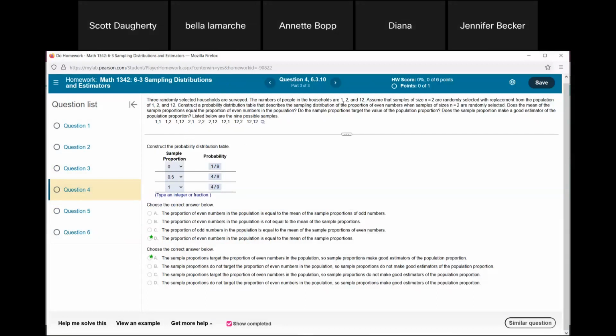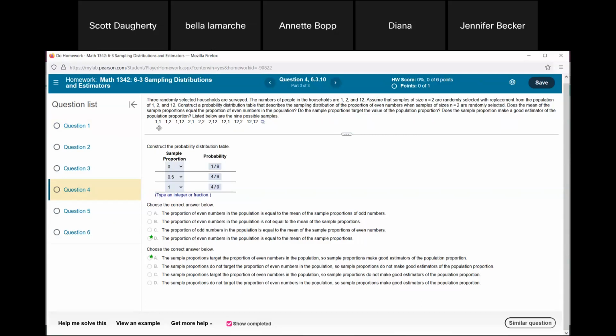So here, the population is 1, 2, 12, and they want to know what proportion of the numbers is even. Okay, well, the population proportion that are even would be 2 out of 3, right? That's 2/3 of the time.